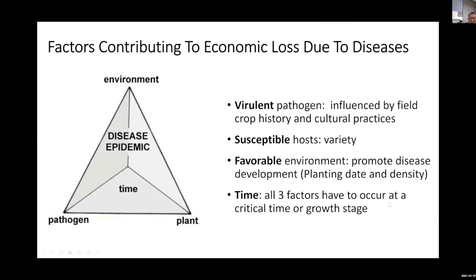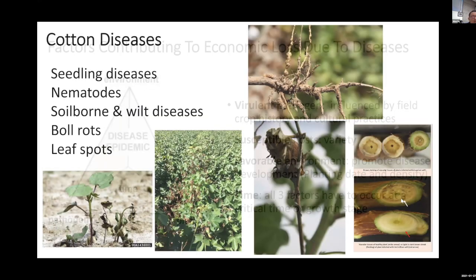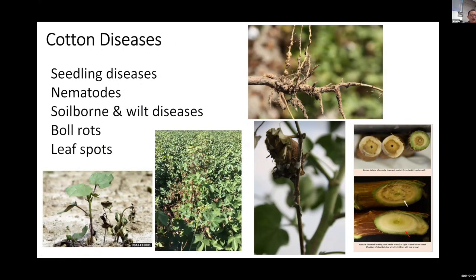Anyway, sorry about that. And lastly, all of these factors have to be together at the same space and also at the same time in order to really create a disease outbreak. And so today I'm going to cover all of these major cotton diseases briefly and just point out the key points.